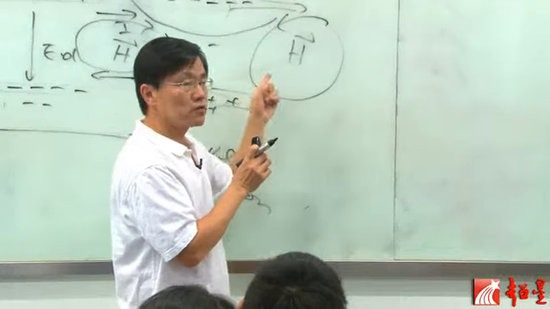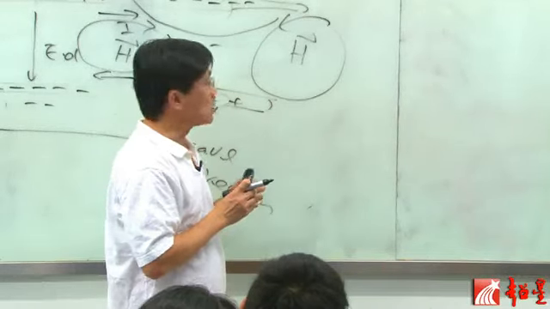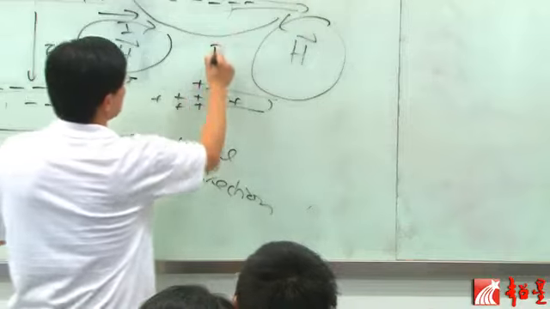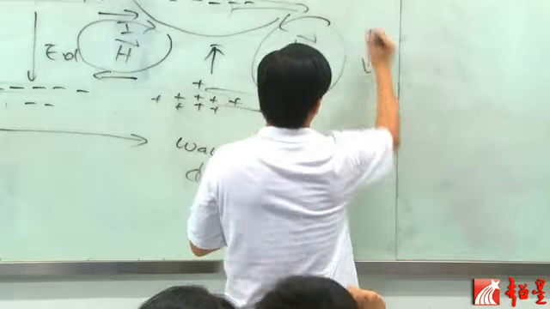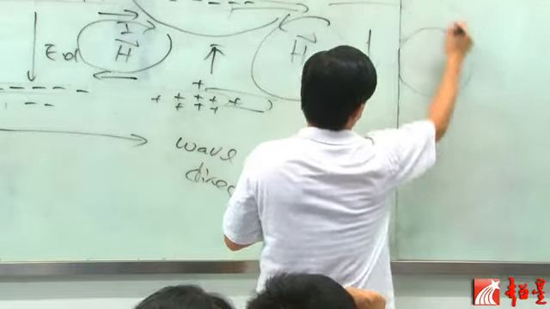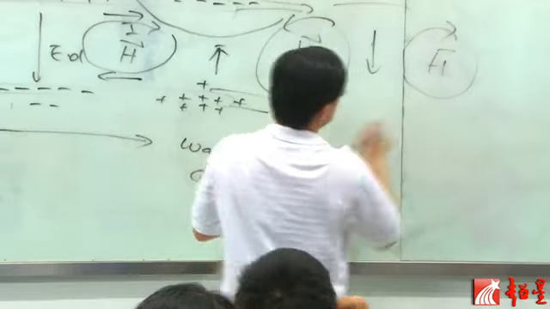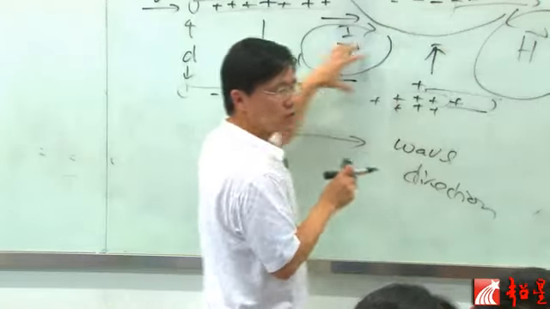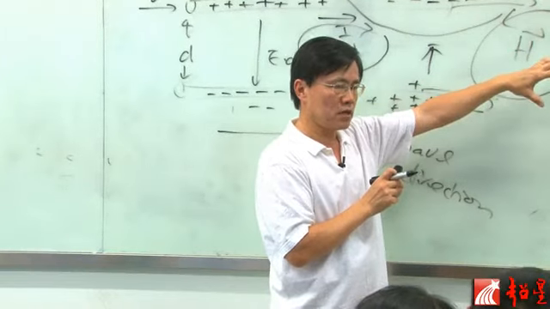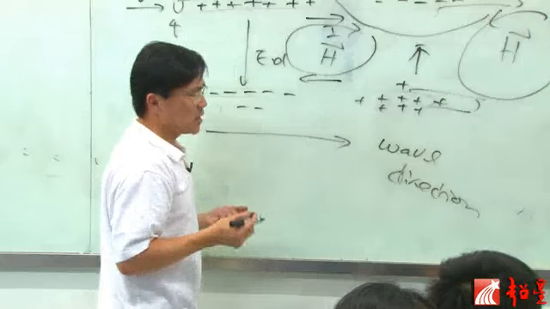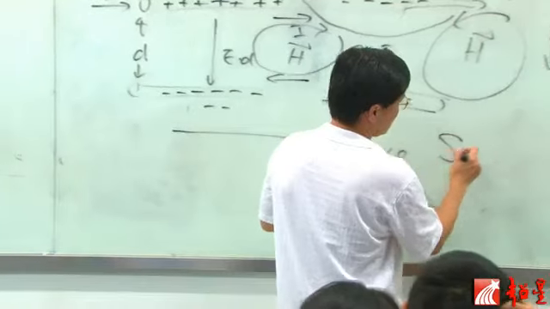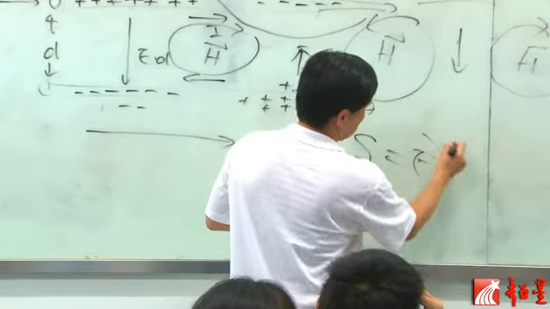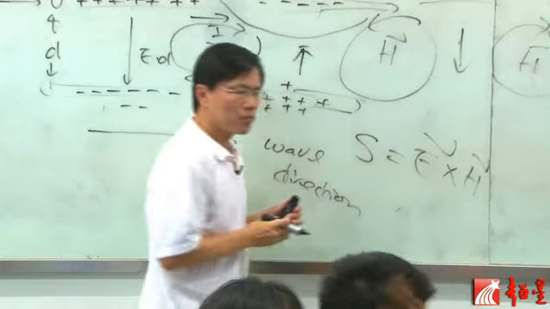So that's how energy is propagating. This is the E field, this is the H field. So energy is propagating through by the interaction of the E field and H field. And of course, mathematically, we can describe this as the cross product of these two.